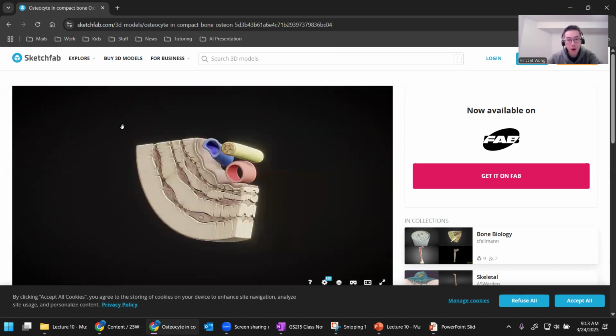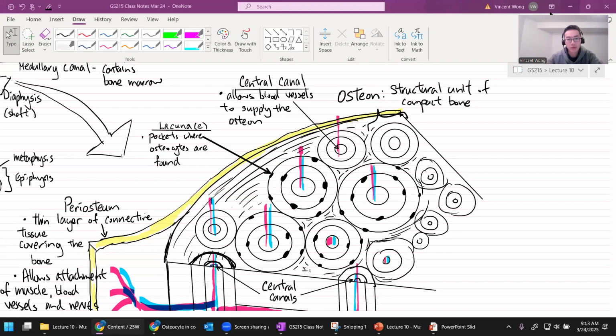But that's just one osteon, and you have many of these osteons that build up the entire compact bone. Does that answer your question or not really? Do you have a follow-up question? Okay. So again, these are lacuna, but with an E if it's plural.